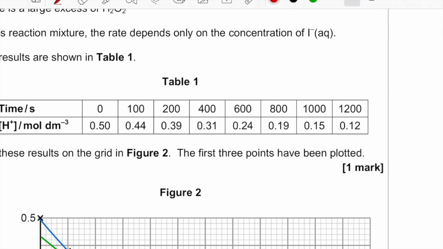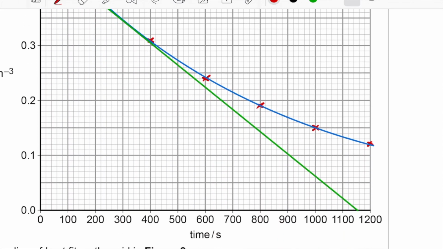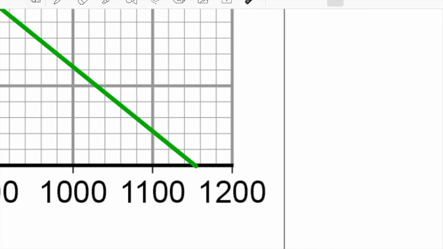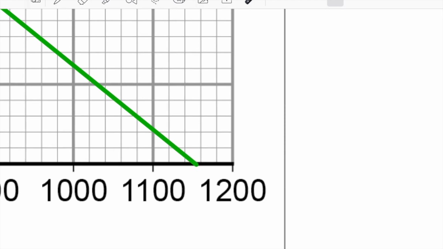And my change in x, again, life is made a little bit easier for me because I've gone all the way to the axis. I've got a 0 there, so I only really have to read this value. I think that is halfway along that square, so it's halfway between 1100 and 1200, so that must be 1150.